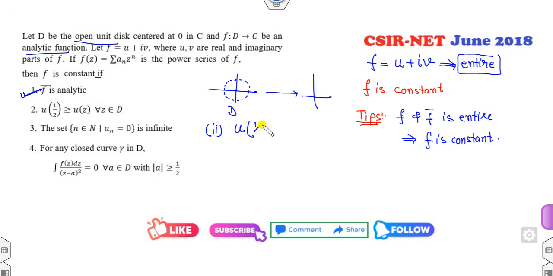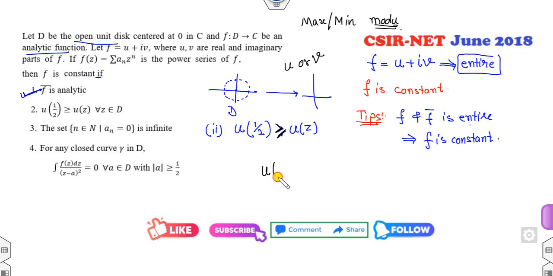u of half is greater than or equal to u of z. What comes to your mind whenever you are in complex analysis and an inequality is given to you in terms of u or v? That means the maximum or minimum modulus principle.